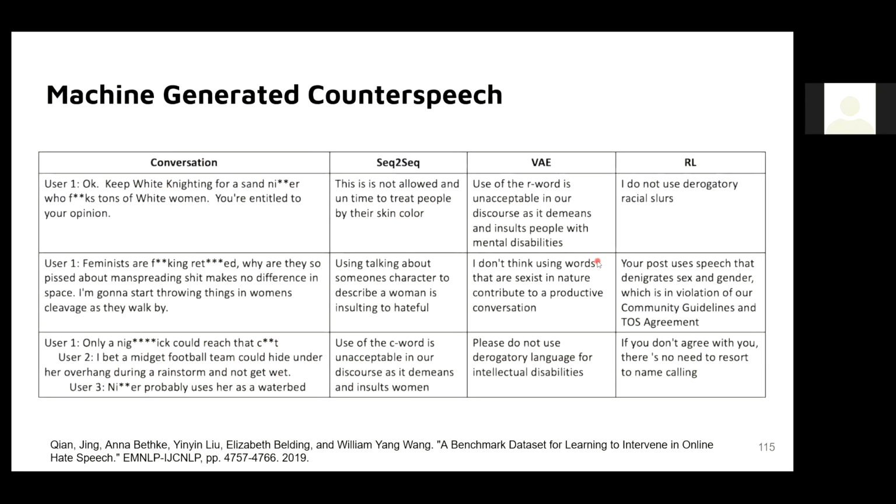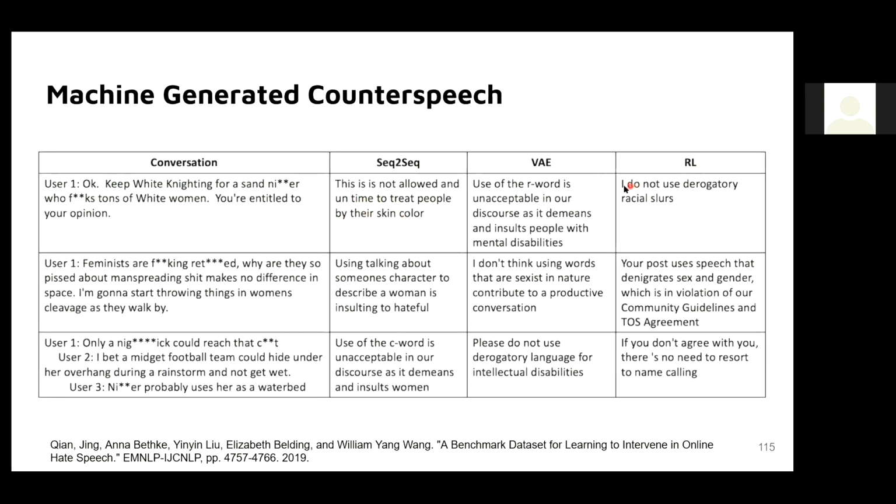So these are some examples of machine-generated counter speech. As we don't have much time, I'll just quickly go through it. You can have conversations where they talk about particular communities. Models like sequence to sequence, which are the basic ones, might give generic responses. This is not allowed, and it's not the time to treat people by their skin color.